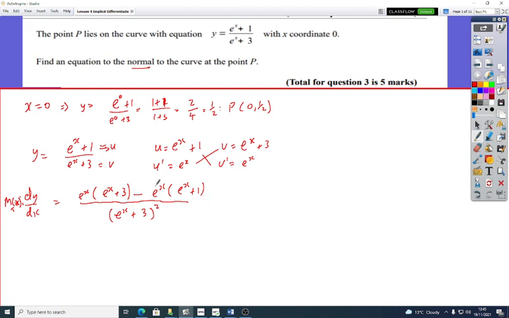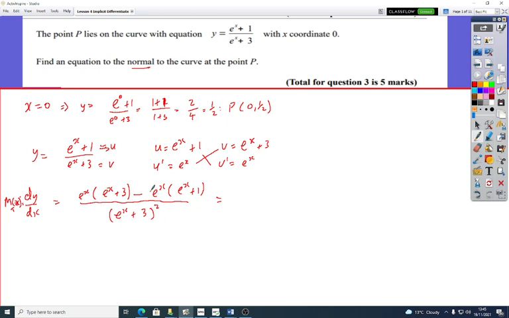Now, because we just want the gradient, it doesn't tell you that you need to simplify this expression. So yes, you can simplify it, it's not difficult. However, if you don't fancy simplifying this, you can just sub in the value of x equals 0 in here. It's not a problem.